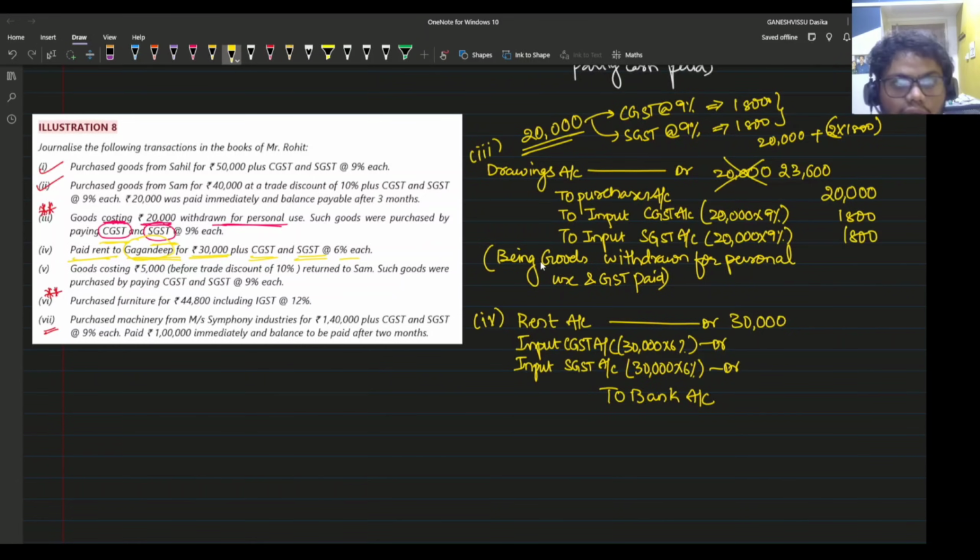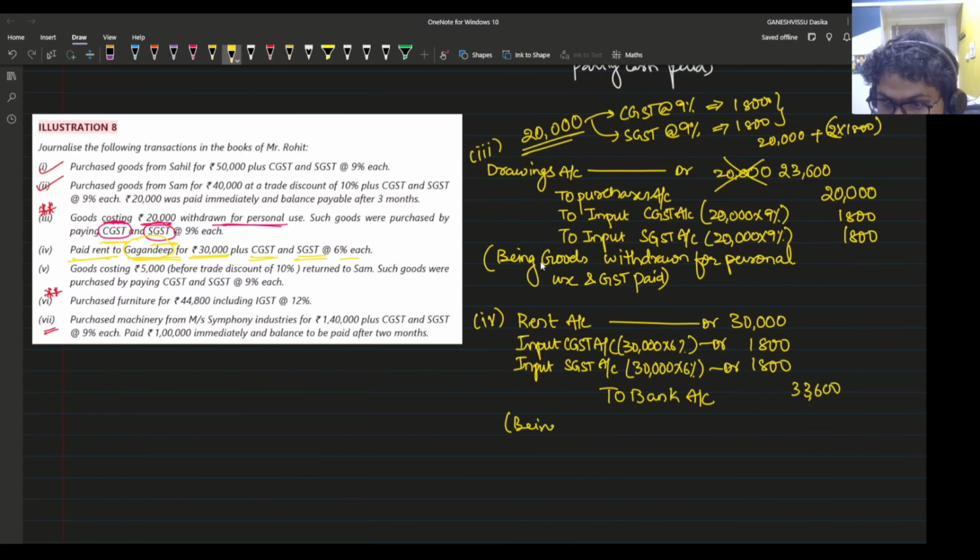He's paying rent to Gagandeep, whoever it might be. But he's paying rent, right? As he's paying rent, that means it is already paid in cash or through cheque. Nowadays it might be UPI. How much? The total of this month is 30,000 into 6%, which would be 1,800. The same value will be here. So that is 33,600 again.